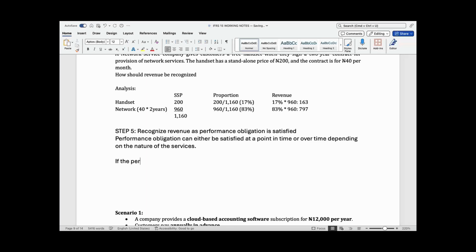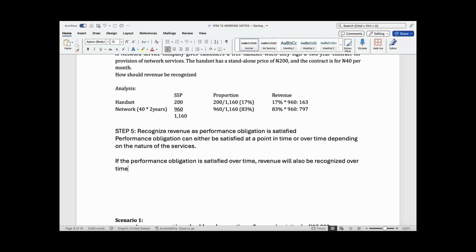So if the performance obligation is satisfied over time, revenue will also be recognized over time.